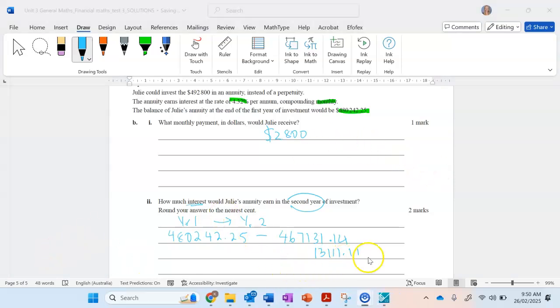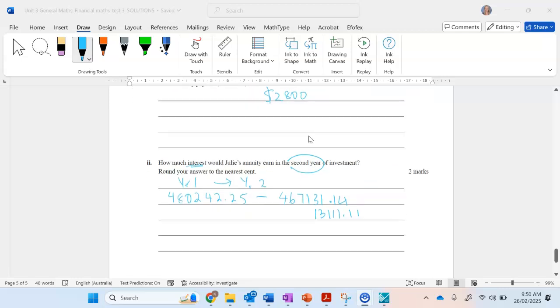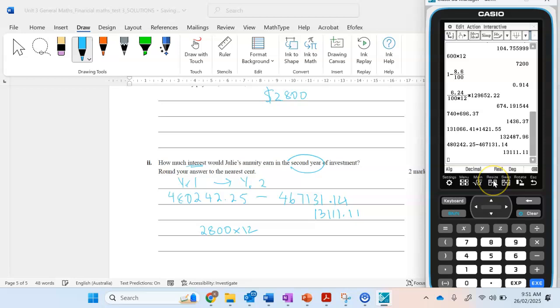Now remember, over this period of time, she's also been receiving these monthly payments. So the difference in this value is also because of the payment she receives. So we've got to work out how much she receives in payments as well. So 2,800 times 12.